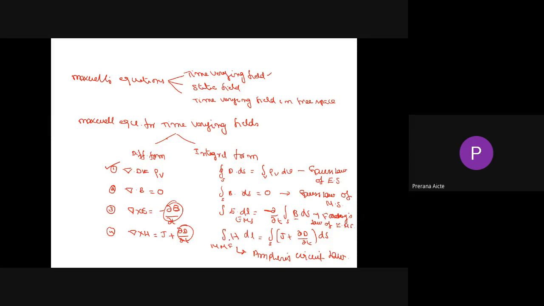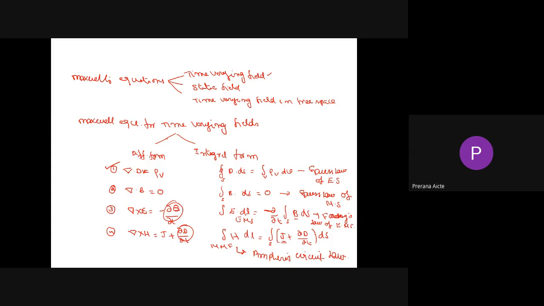Okay, the magnetomotive force MMF around the closed path, the integral of H dot dL over the closed path, is equal to the surface integral of conduction current density J and displacement current density over the surface bounded by the closed path.